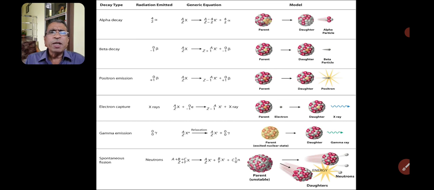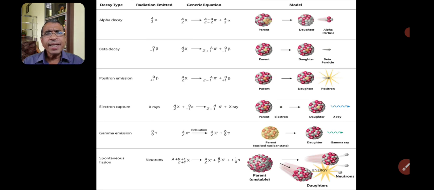The new element formed will have the atomic number Z minus 1 and the mass number remains the same as that of the nucleus which is used during this nuclear reaction.